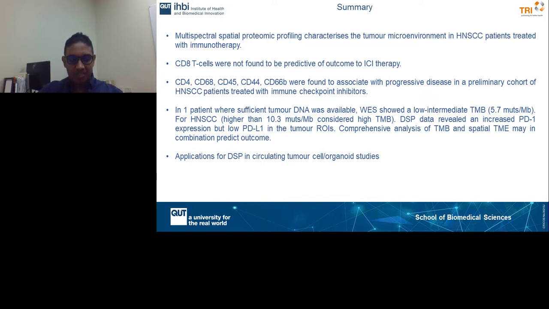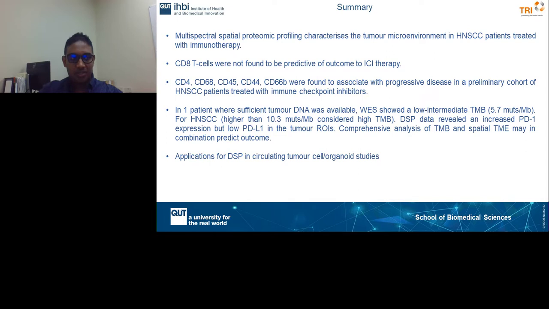Being able to sit around with a pathologist on board, a clinician on board, and a number of scientists on board, and interrogate that tumor section or that tissue microarray is key. It's a really exciting space, and it will likely lead to the clinic.